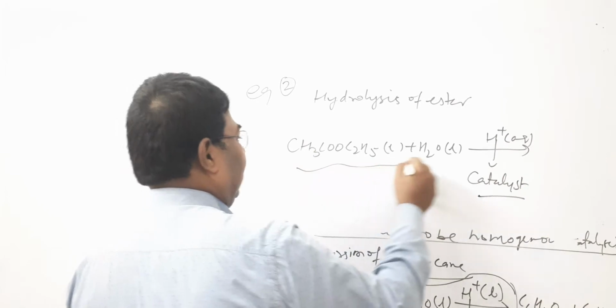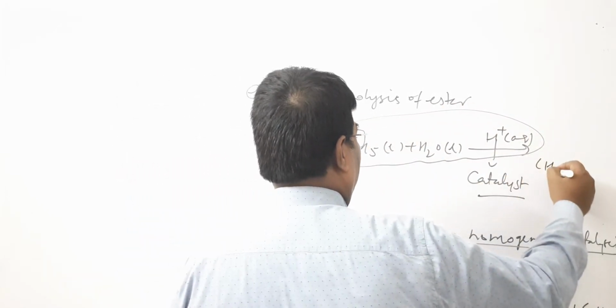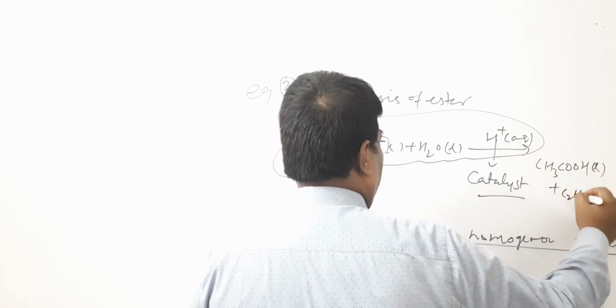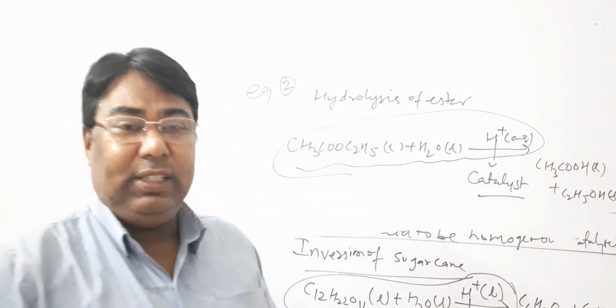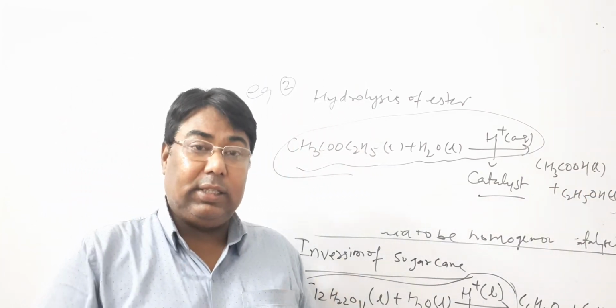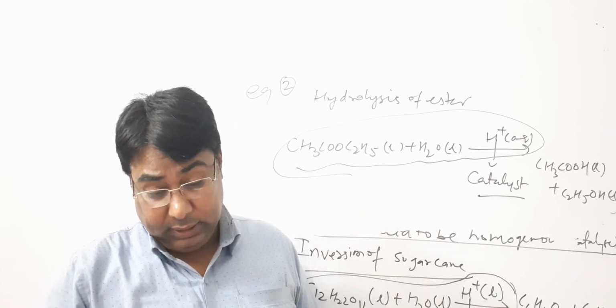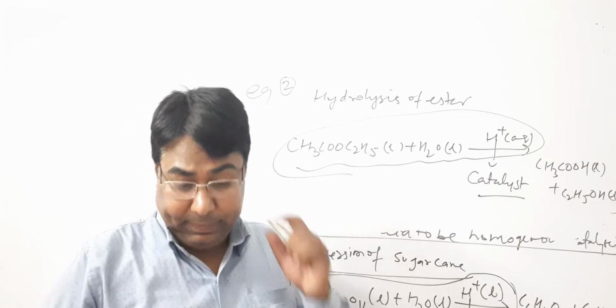So reactant and catalyst are in the same phase. Hence this is an example of homogeneous catalysis. So homo means same. When reactant and catalyst are in the same phase, then it is said to be homogeneous catalysis.